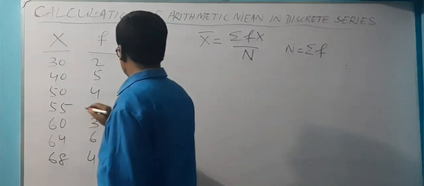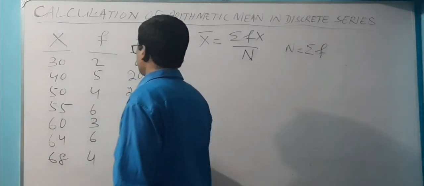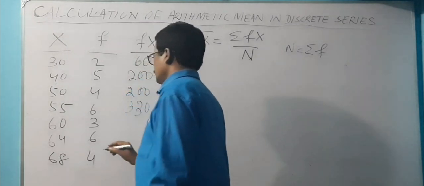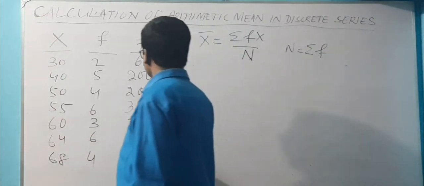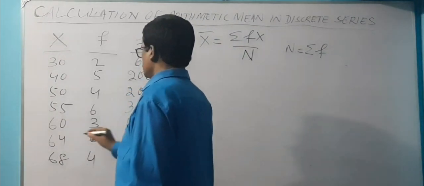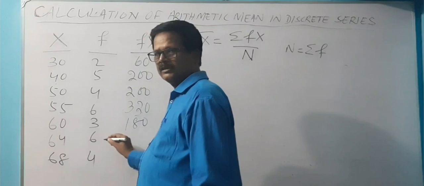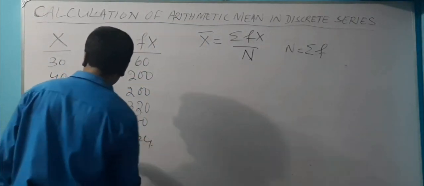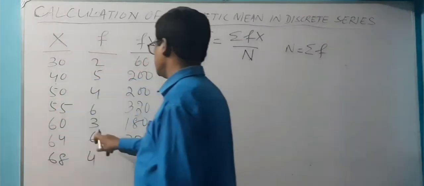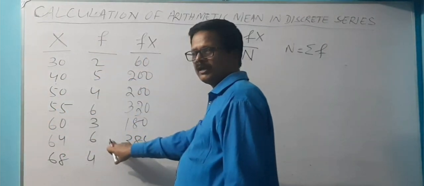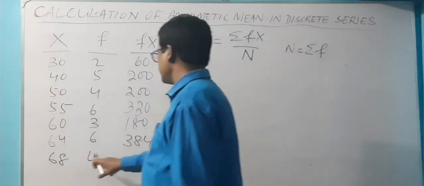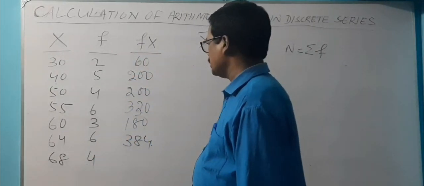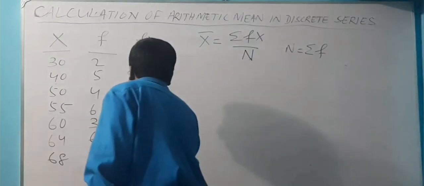Sorry, 330. 55 into 6, 330. 60 into 3, 180. 64 into 6, 384. 66 are 360, 4 6 are 24, 384. 68 into 4, how much? 240, 32, 272.